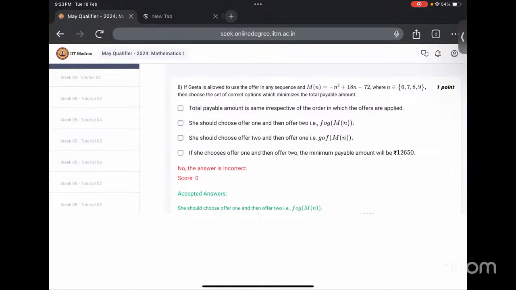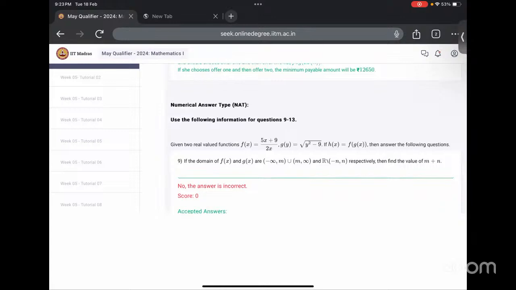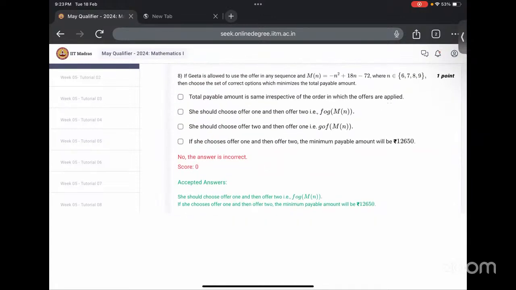This is also you can do, right? Can you do it? Like a composite function.